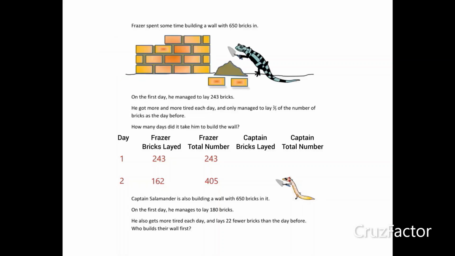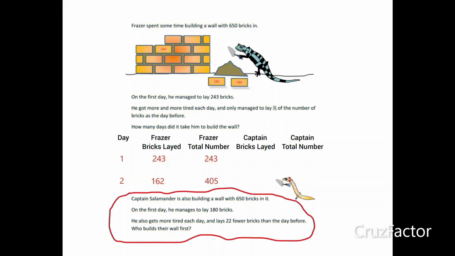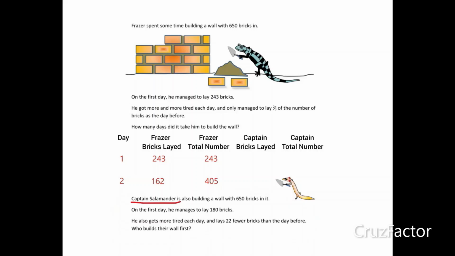Let's go ahead and read about Captain Salamander now, and he's right below the chart here. Captain Salamander is also building a wall with 650 bricks, so he's got the same amount as Fraser. On the first day, he manages to lay 180 bricks. So we're looking at Captain Salamander now, on the right side of the chart.